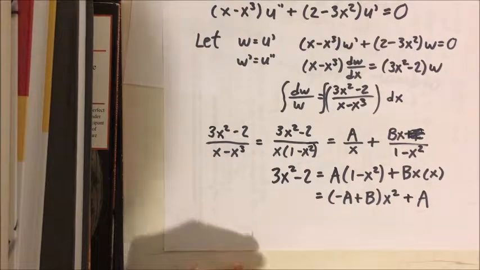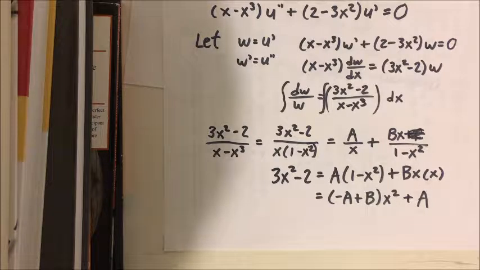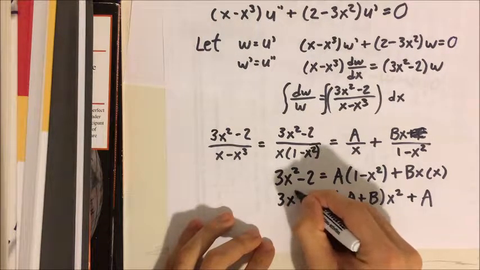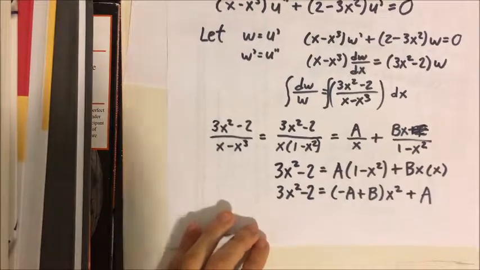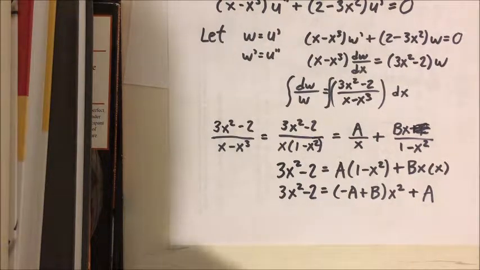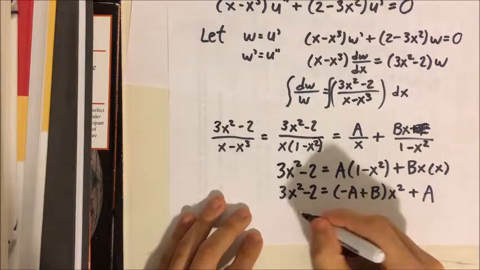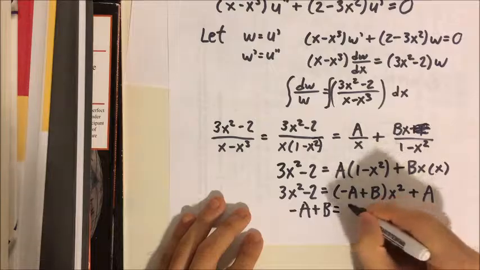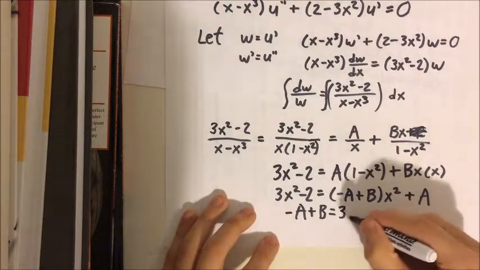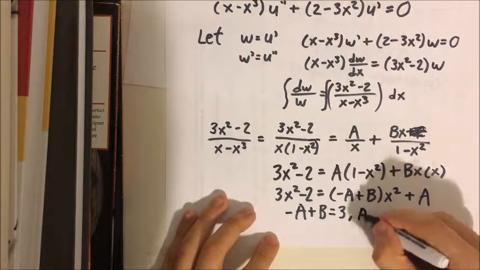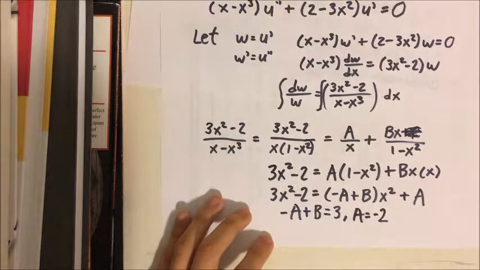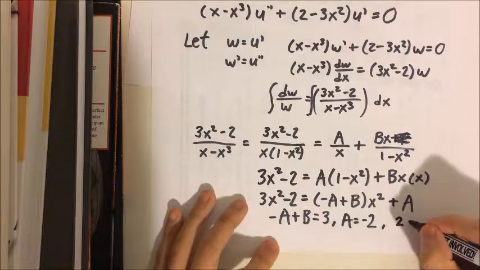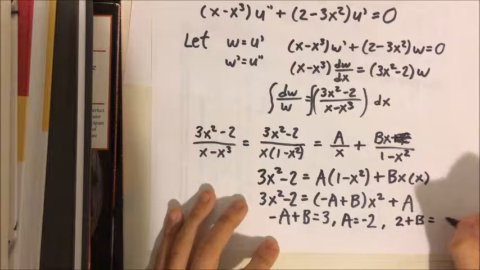So equating the coefficients of each term, the powers of x in this polynomial, you get a very, very simple system of equations. Negative a plus b is equal to 3. a is equal to negative 2. a being negative 2 makes this a lot easier because we know that negative a is going to be 2, plus b is equal to 3.